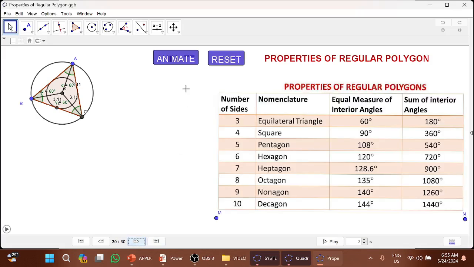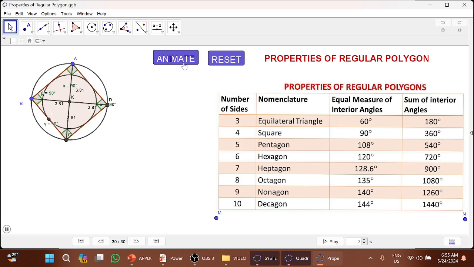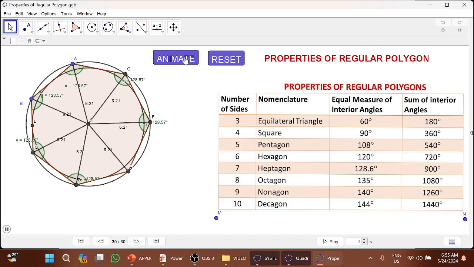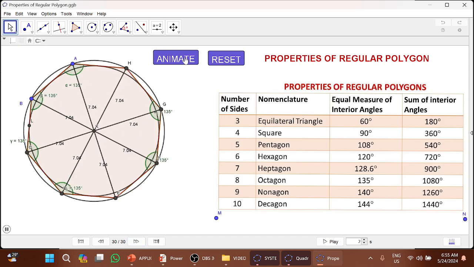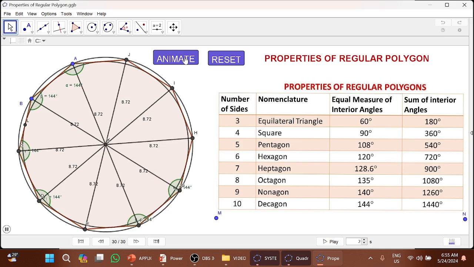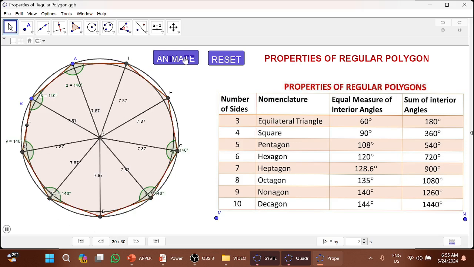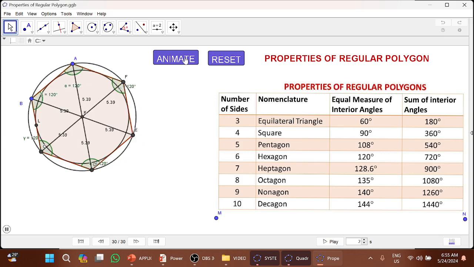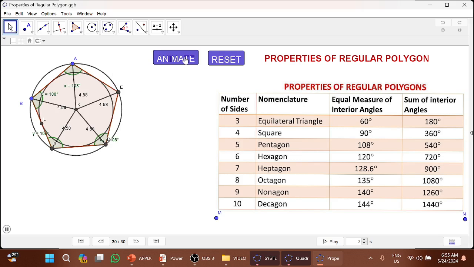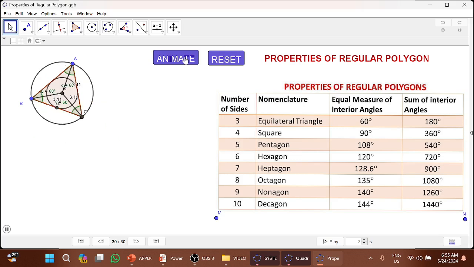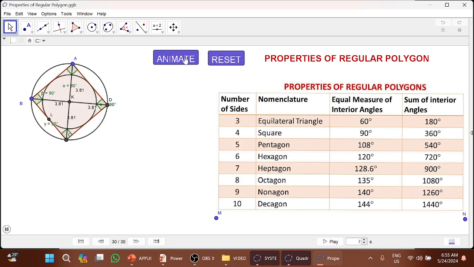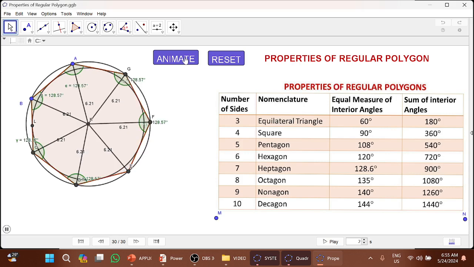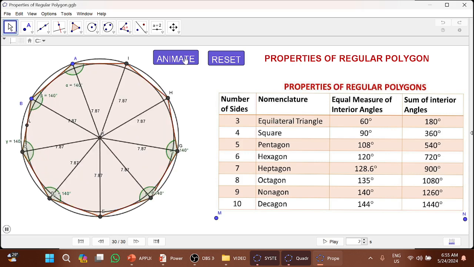I am just clicking animate, and it automatically keeps changing, and you can see the number of sides changing, from an equilateral triangle to a square, pentagon, hexagon, heptagon, octagon, nonagon, and decagon. I have shown up to 10 sides. Now they can visualize it. The equal measure of the interior angle, and the sum of the interior angles, the child can also visualize from this.